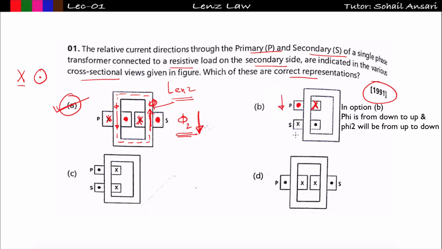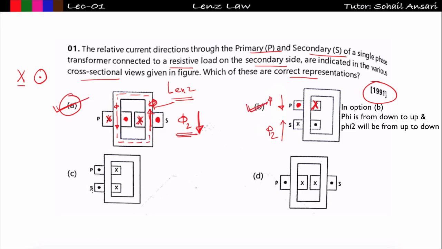Now find the flux direction phi 2 in the secondary. According to the current direction given, apply right hand thumb rule, you will get from up to down. This is flux phi 2 and this is flux phi. Now see, the flux phi 2 is opposing the main flux. That means Lenz law is included. So the convention, the direction of current given, is the correct direction. That is the correct representation. So option B is also correct.